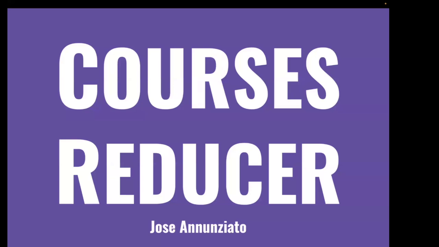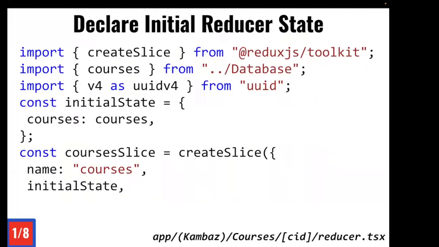All right. So we took a look at how to implement this using useState. But now let's practice using a reducer. Now, why even bother?